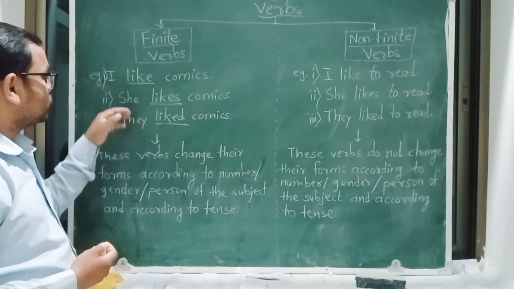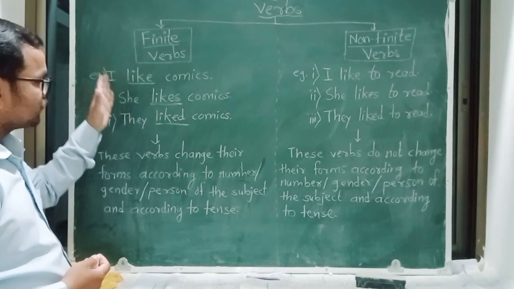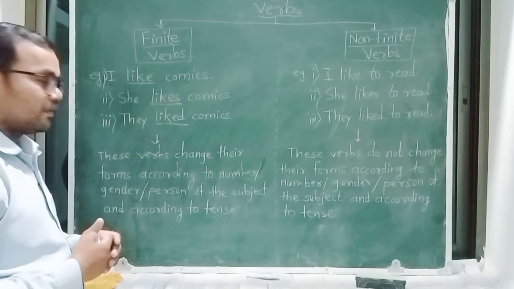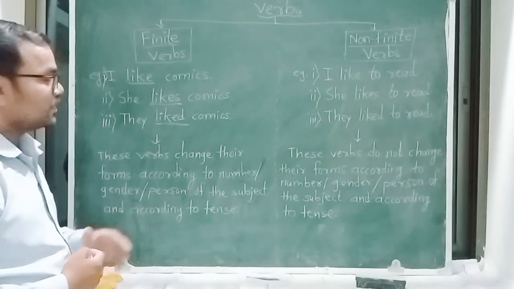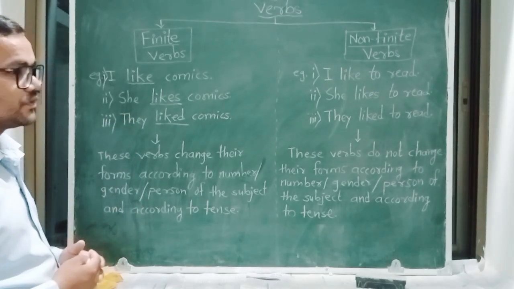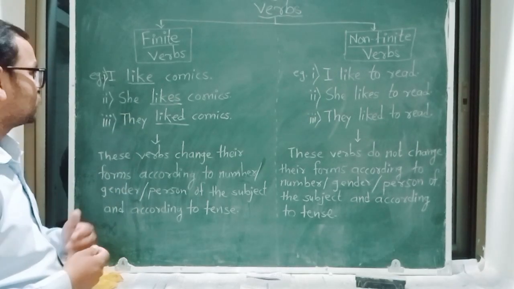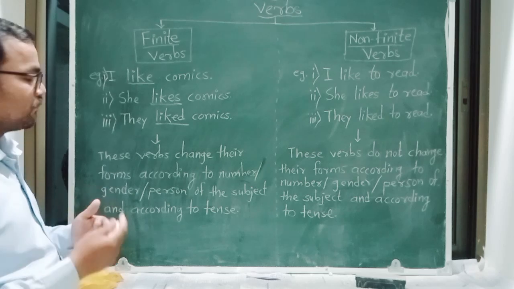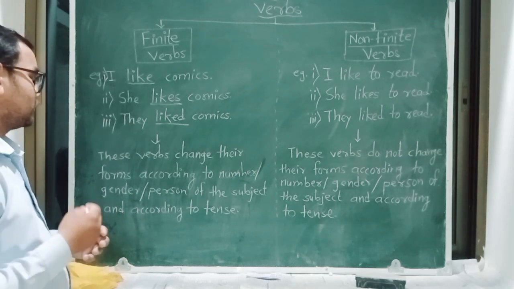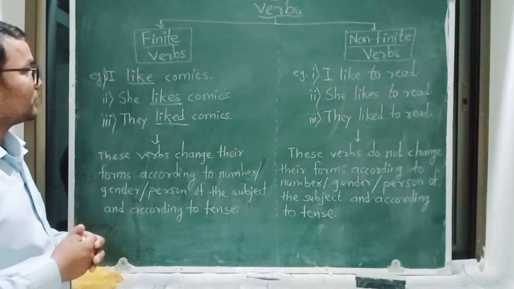As we change the subject, there is a change in the form of the verb. Such verbs, which change according to gender, number, person of the subject and tense of the sentence, are called finite verbs.